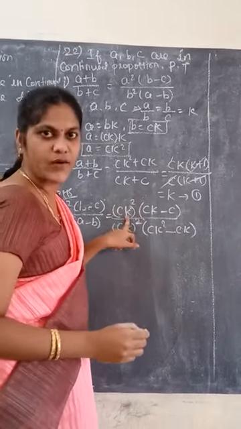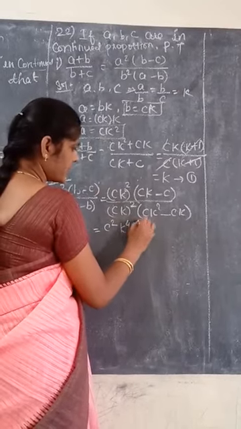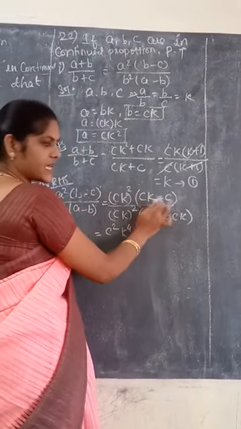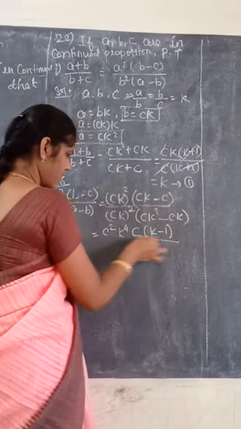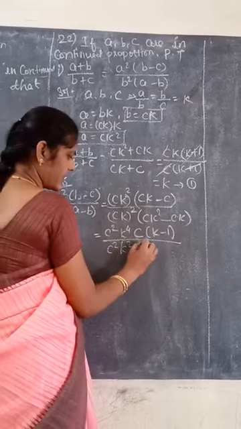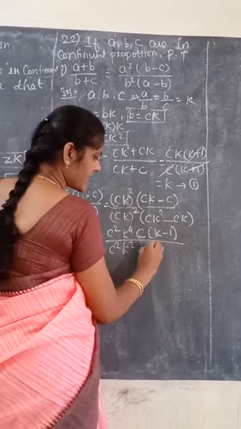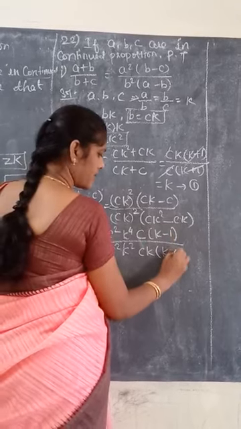Already here we have k squared, so k squared into k squared, k power 4. Into, here can we take c as common? If you take c as common, the remaining term is k minus 1, divided by here c square k square. Here in both terms can we take c k as common? So if you take c k as common, remaining k minus 1.